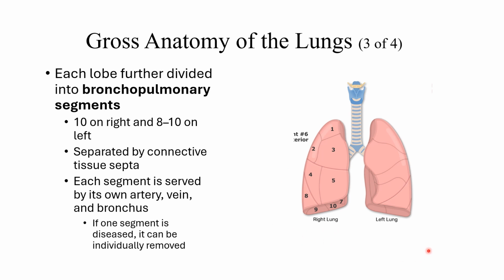Our right and left lung are divided into lobes. The right lung is divided into three lobes by a horizontal fissure and an oblique fissure. And the left is divided into two lobes by an oblique fissure. And then these lobes are further divided into segments. And we have 10 segments on the right and 8 to 10 segments on the left.